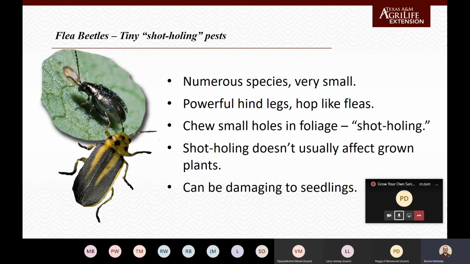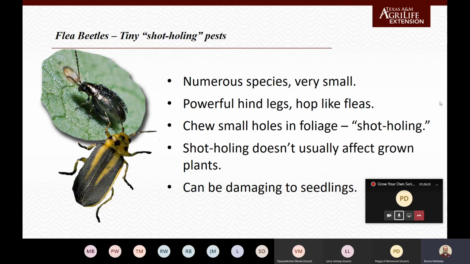Flea beetles, another type of leaf feeding insect that just chews on the leaves, and so we have these small shot holes all over the foliage, and particularly if it's leafy greens that we're wanting to harvest, you have holes on them, and you have a lot of their frass on the leaves, and it really affects the aesthetics and the quality of the vegetables.